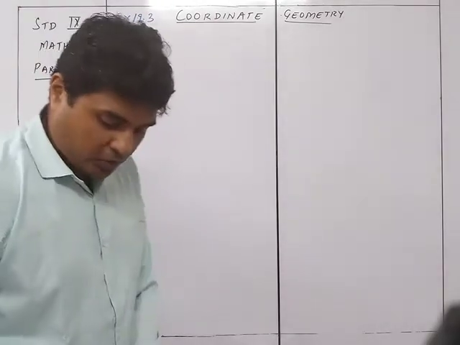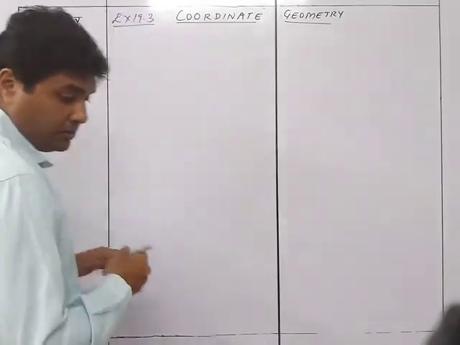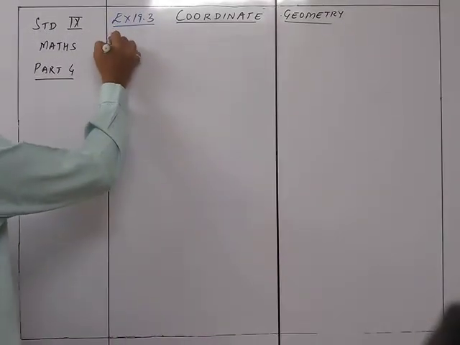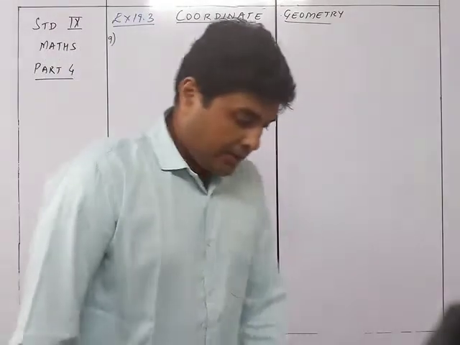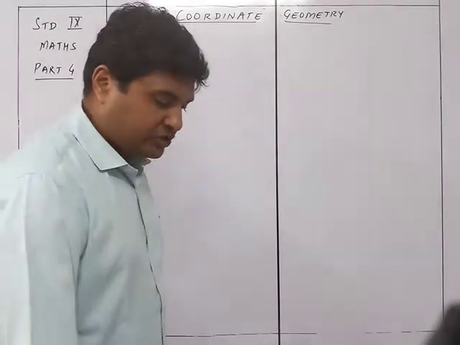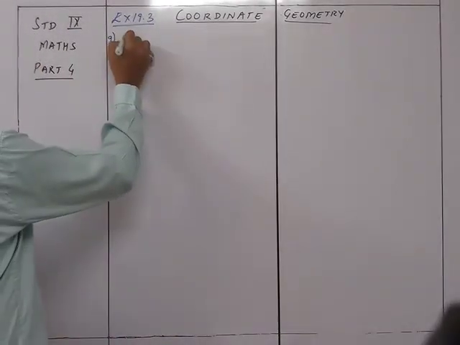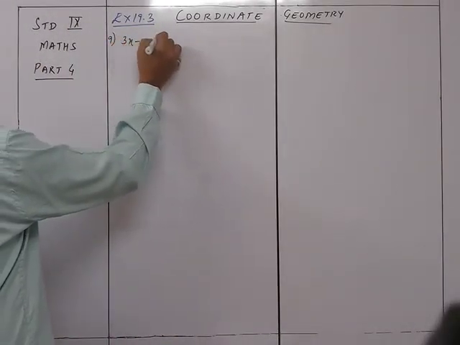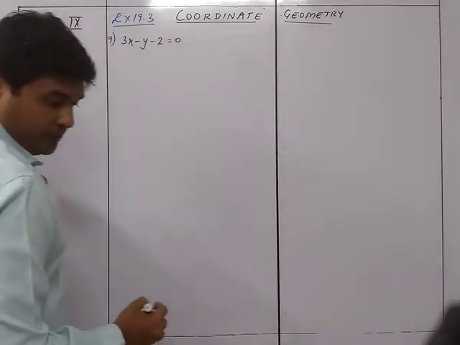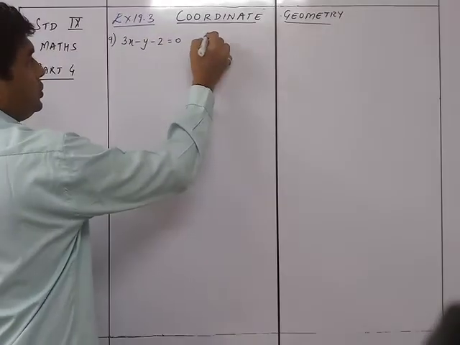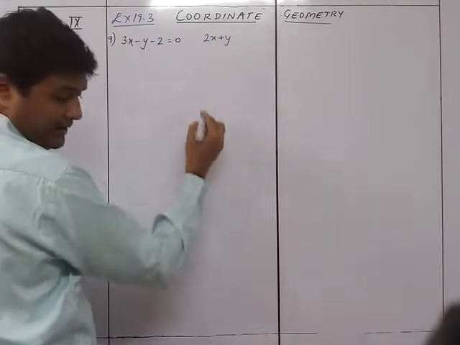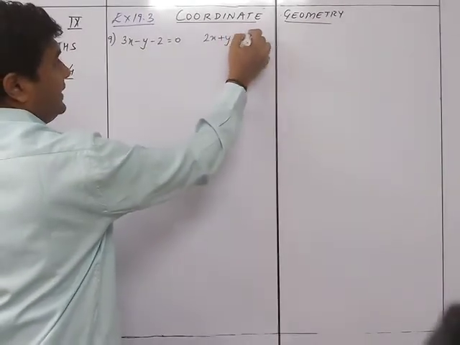Okay, we move on to question number 9. Use a graph paper for this question. Draw the graph for the equations 3x minus y minus 2 is equals to 0, and 2x plus y minus 8 is equals to 0.